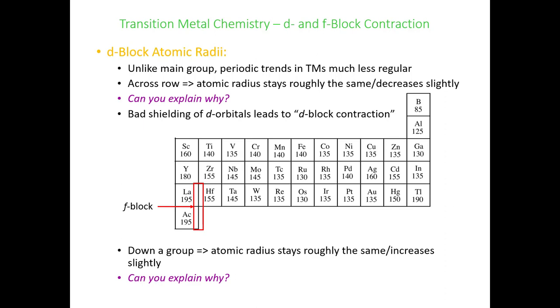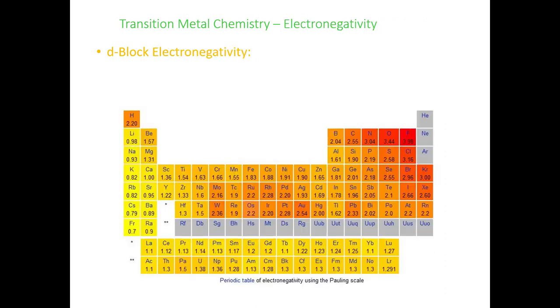So you essentially add 14 protons to the nucleus across the f block, but don't shield the charge effectively with f orbitals. Therefore, when the d orbitals start getting filled, they experience a greater effective nuclear charge than expected, and atomic radius does not increase much at all.